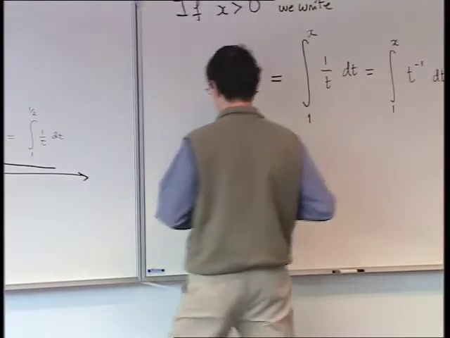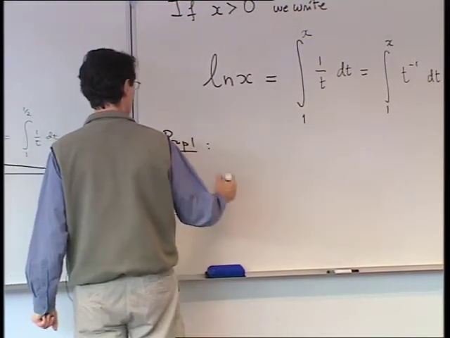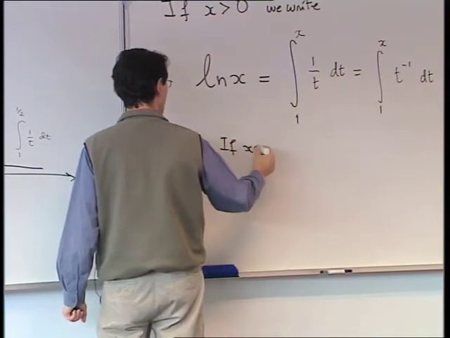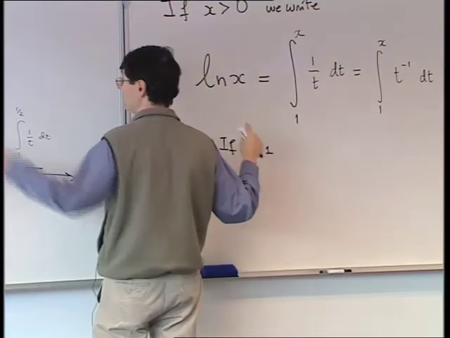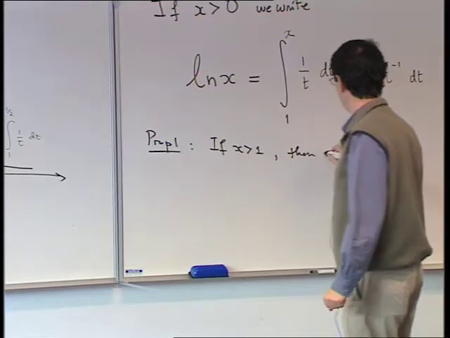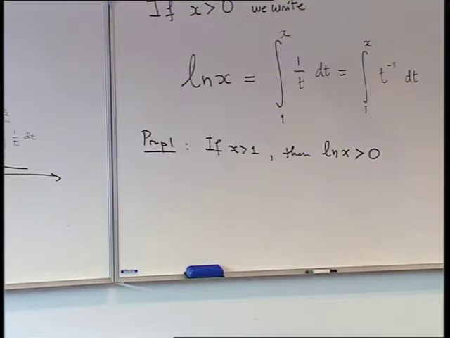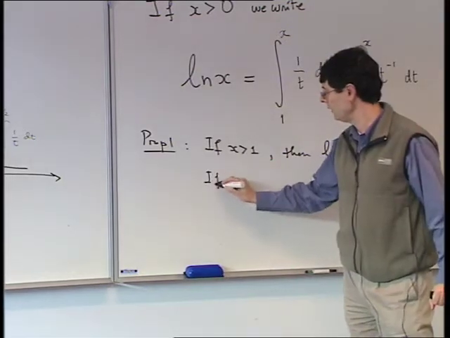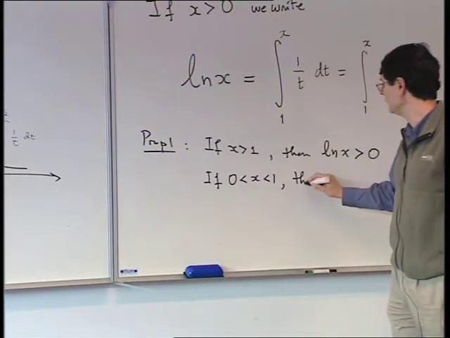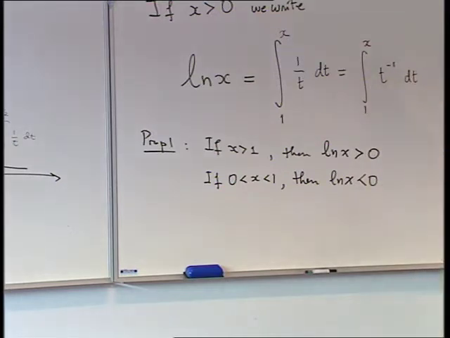So property 1, if the x is bigger than 1, not only bigger than 0, but bigger than 1, then log x is positive. And if the x is between 0 and 1, then log x is negative.